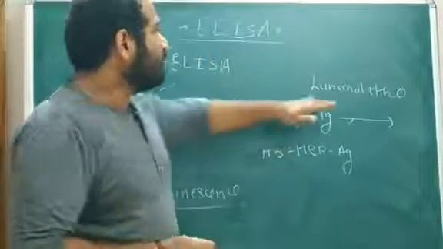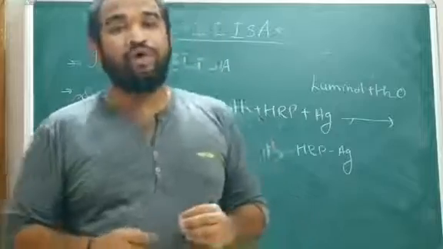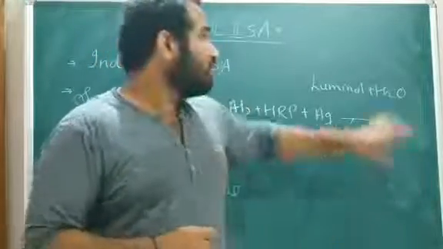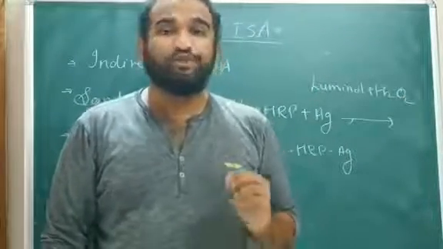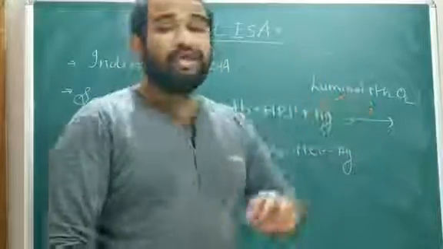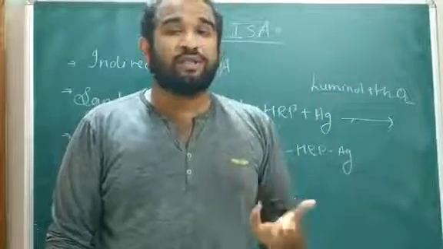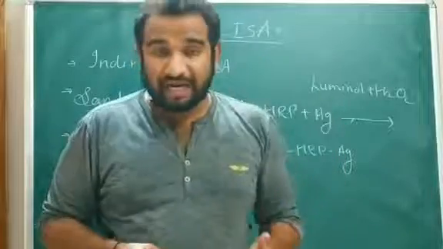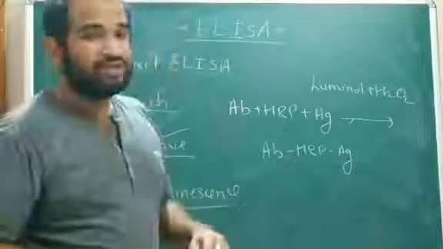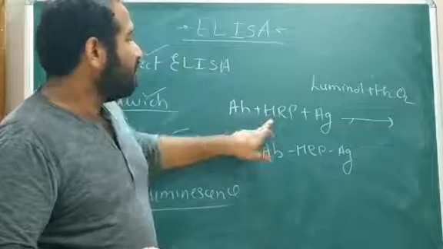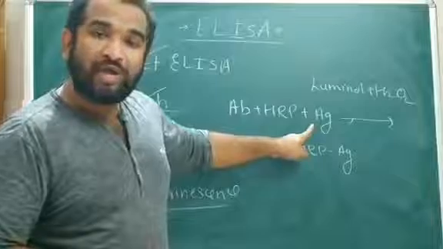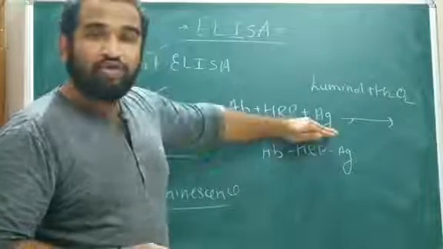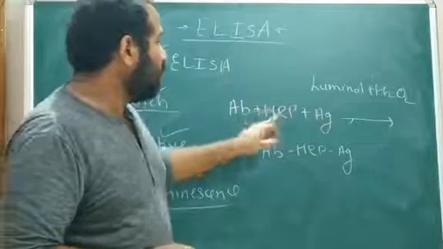Now what happens here? There is a substance called luminol. Luminol can be oxidized in the presence of hydrogen peroxide, H2O2, and an enzyme, horseradish peroxidase. When the luminol is oxidized, that reaction emits some light, and that's why the reaction is called chemiluminescence. An antibody and an antigen form a complex, and to this antibody horseradish peroxidase is conjugated.